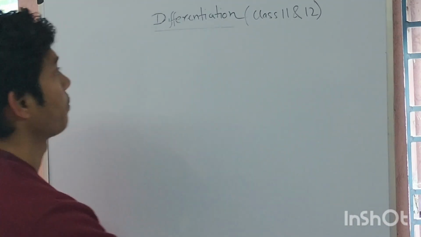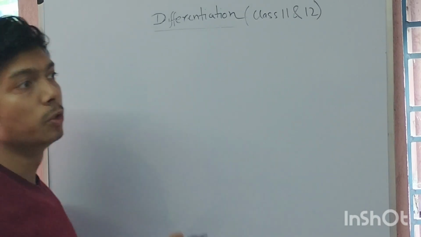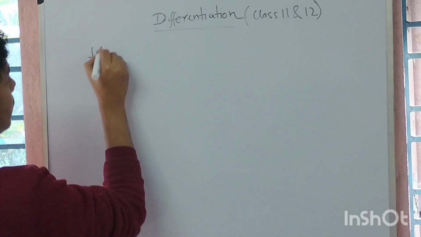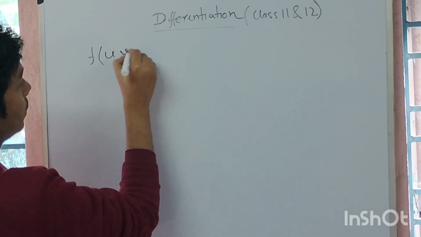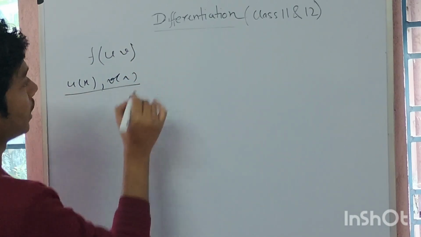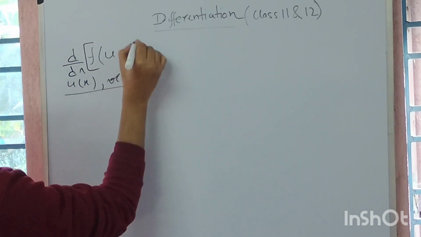Now, I'm going to a particular type of differentiation that is called the UV method. It's like u and v are two functions, f of uv, where u(x) and v(x) are two functions.